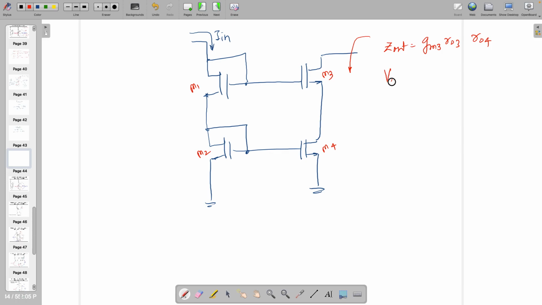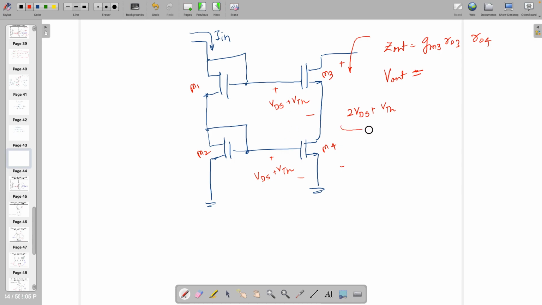Okay, what about V out? From here to here, 2 VDS plus VTH. And here it's VDS plus VTH, here another VDS plus VTH. So on the outer side you will have the addition of these two minus one VTH lower.